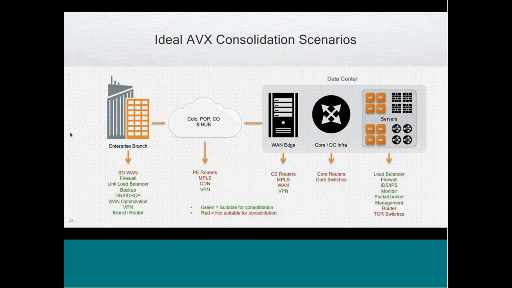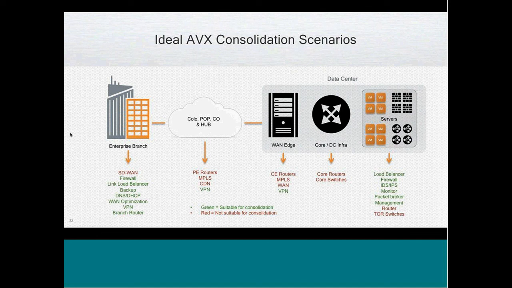So I talked about the hyperconverged platform for networking security. But I want to leave you with an impression of the ideal places where you would use this platform and the places where you would not. So going from left to right, what I'm showing is an enterprise branch connecting to a data center on the right, and it's connected through some sort of telco infrastructure, either a colo or a POP or a central office and hub and spoke location and so on.